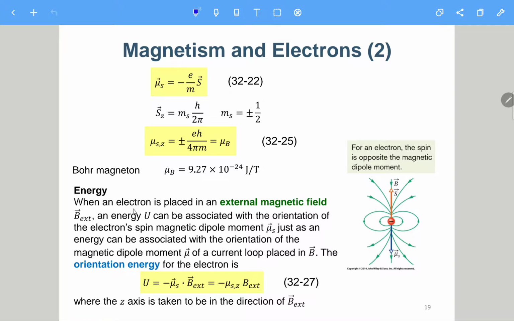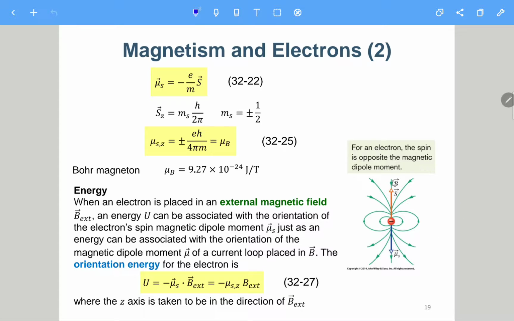So when an electron is placed in an external magnetic field, B external, an energy U can be associated with the orientation of the electron spin magnetic dipole moment mu s, just as an energy can be associated with the orientation of the magnetic dipole moment mu of a current placed in B. So the orientation energy. We have learned this before.